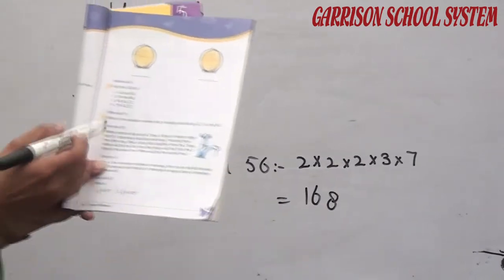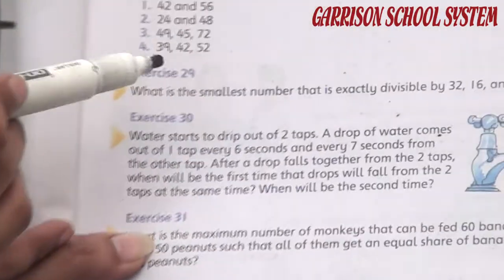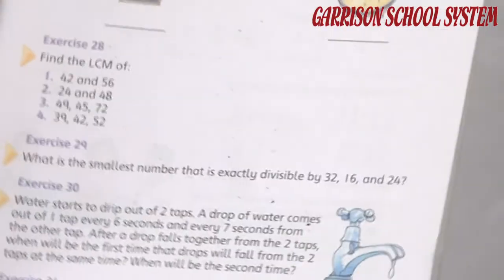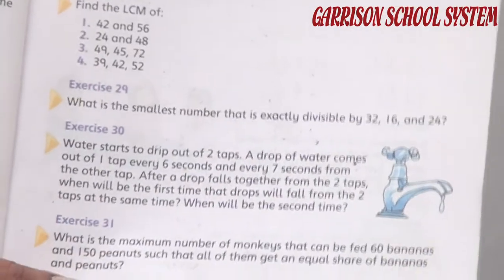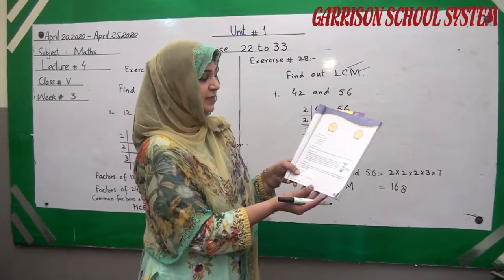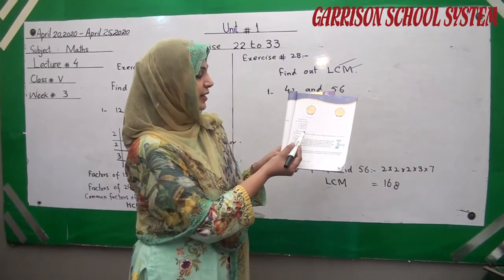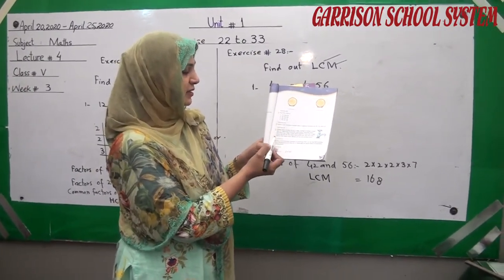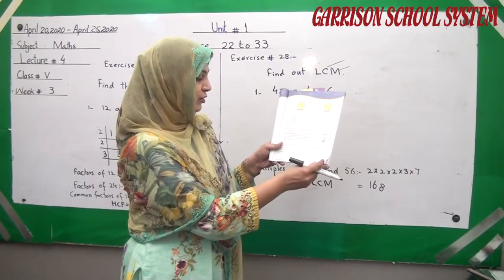In this way, you can do questions number 2, 3 and 4 by yourself at home. Students, notes will be provided to you by SMS. Exercise number 28, exercise number 30, exercise number 31 you can also do by yourself.